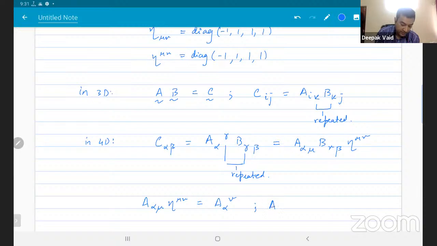Similarly, if I have A alpha nu with two raised indices, and I multiply by eta mu nu, my alpha index will remain untouched, but my nu index will be lowered. So this is called raising and this is called lowering.